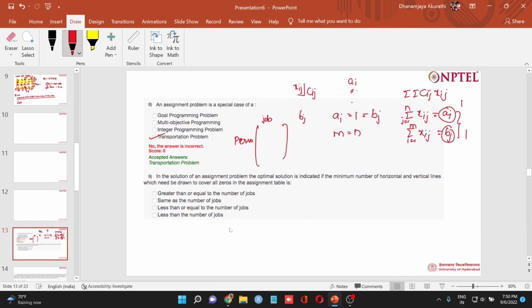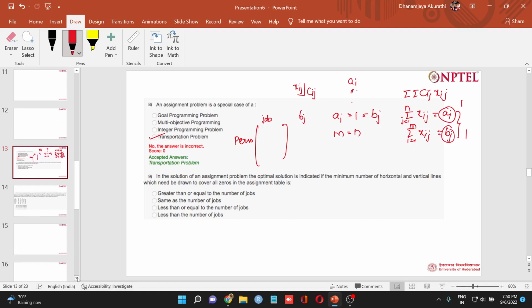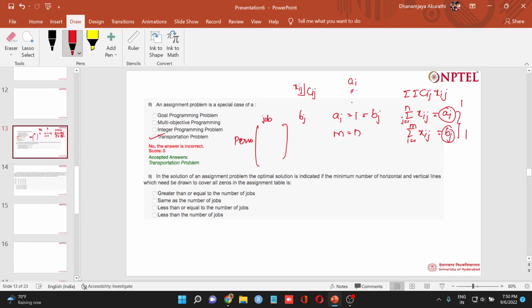Okay, verify that. I will explain the problem, then we can get the solution. Ma'am, I have done this just by examples. I have counted: the number of lines we draw is always coming less than the number of jobs. But to find the optimal solution, the number of lines must be the same as the number of jobs, or you can say the order of the matrix, because in an assignment problem the number of rows and columns should be equal.